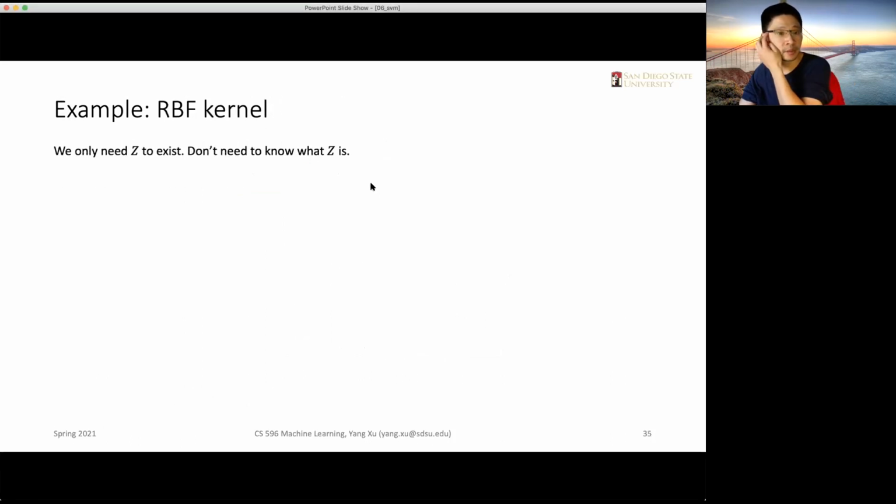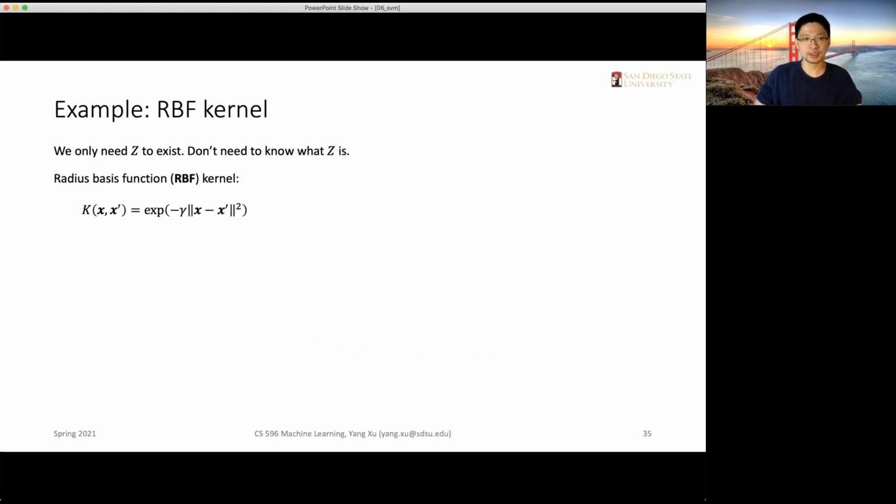Another type of kernel is called the RBF kernel. We only need to know the Z space exists, but we don't need to know what Z is. This is a very good showcase example. It's called the radial basis function.